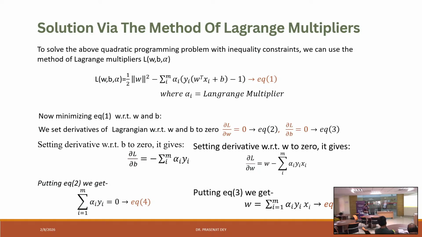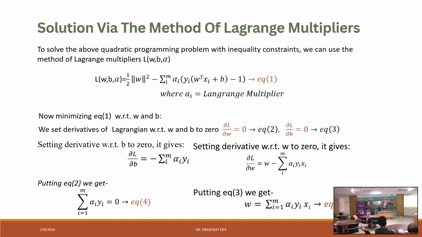Now if you differentiate this equation with respect to w, what will come? If I differentiate the w square term, the differentiation of w square is 2w, and the half will cancel, so it will be only w. In the other expression, alpha i, yi, w transpose xi, if I differentiate with respect to w, it will be simply alpha i, yi, xi.